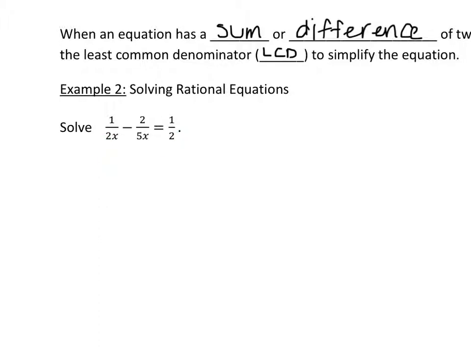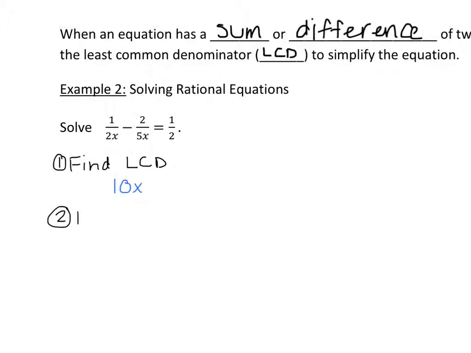You'd multiply it by 5x. But here's what we're going to do. First step was find the LCD. If you want to, just take them all and multiply them together, and it'll work. You'll just end up with things to reduce. That'll be fine. So we've decided it was 10x. Do what we did yesterday.